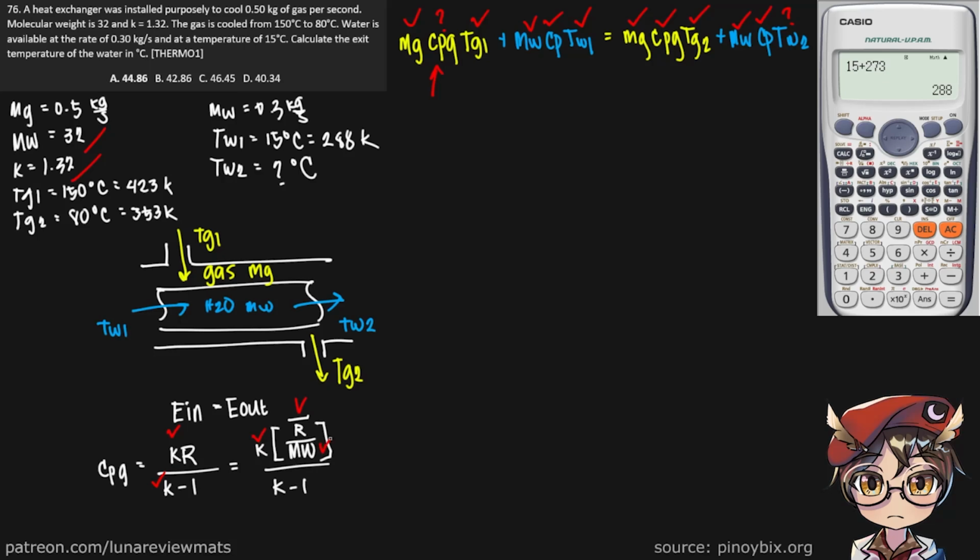So now we can solve everything. You just need to remember the value of the universal gas constant, and that would be 8.314. Molecular weight is over here, it's 32, divided by, and then k over k minus 1.